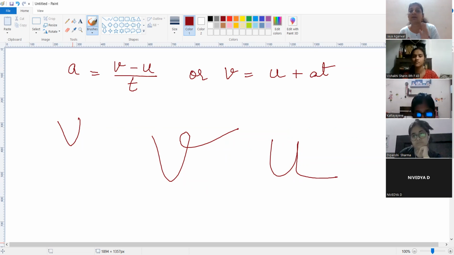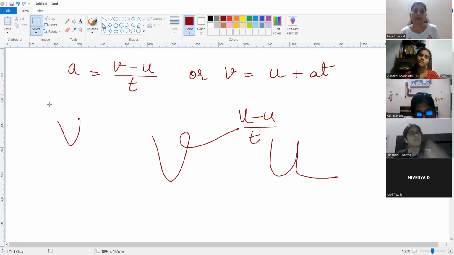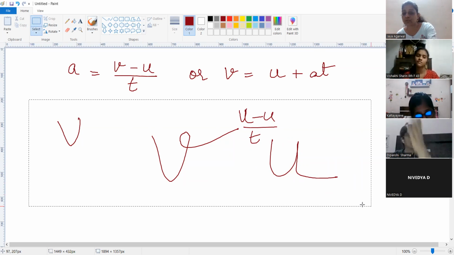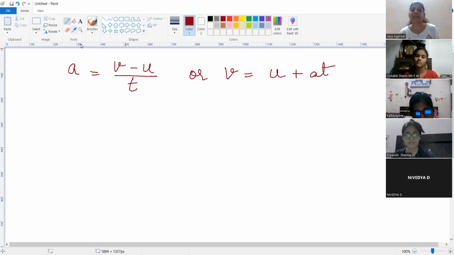Because most of the time you are writing it like this or like this, so it reads u minus u upon t, and your teacher will not give you marks. V should have a tail up, u should have a tail down. Please remember you have to make it like that. Deepanshi, I think you missed the classes at the start, where I told everyone this. So this is our first formula. What is the second formula?